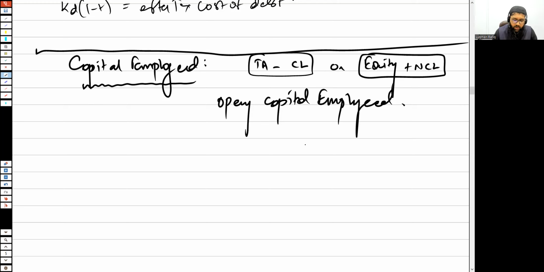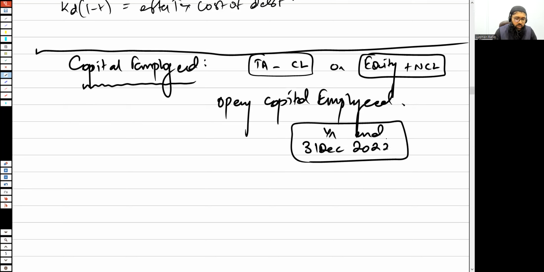For example, if you are doing the EVA calculation for the year ended 31st December 2022, the profit that you are going to use is from 1st January 22 till 31st December 22.